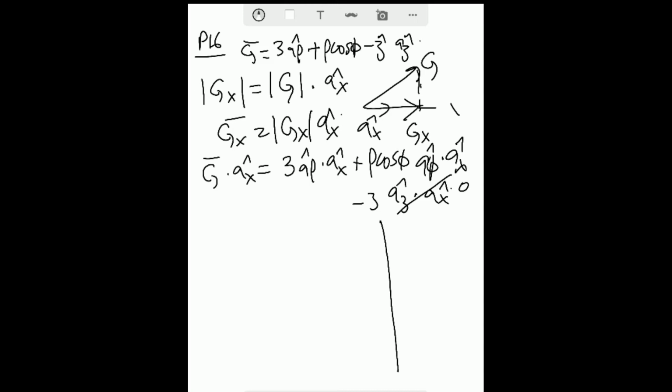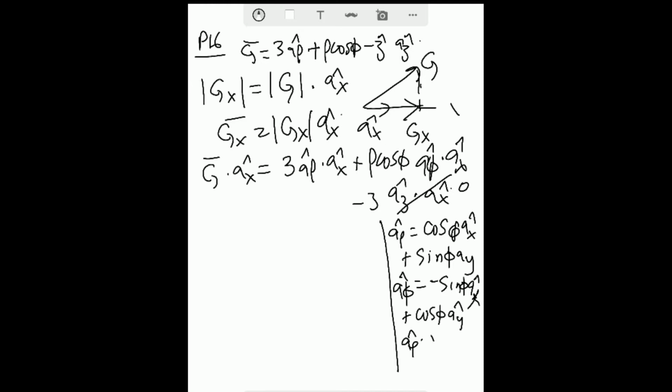So I can write a_rho in terms of x and y: a_rho is cosine phi a_x plus sine phi a_y, and a_phi is equal to minus sine phi a_x plus cosine phi a_y. So a_rho dot a_x will be cosine phi, and a_phi dot a_x will be minus sine phi.